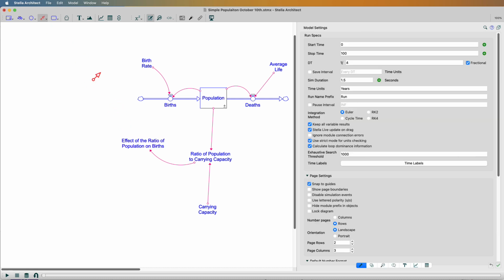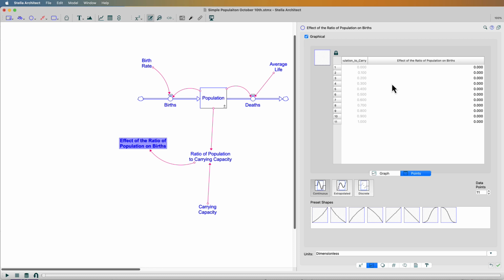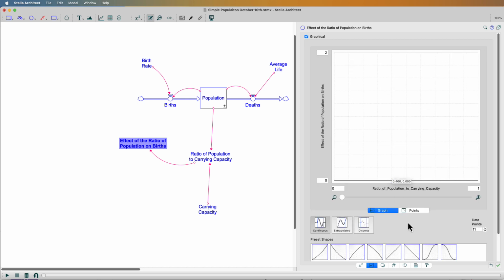So I'm going to, let me get a little lost. I'll double click on the effects again. And I can click on the points here also, and I could type in numbers. I can type in the numbers here, or I could pick one of these graphical functions from below. I'm going to go back to my graph, and let's think of what the story is that I'm telling. When it's 1, it should be very low. And if I'm not near my carrying capacity, perhaps I could have births at a number greater than 1.